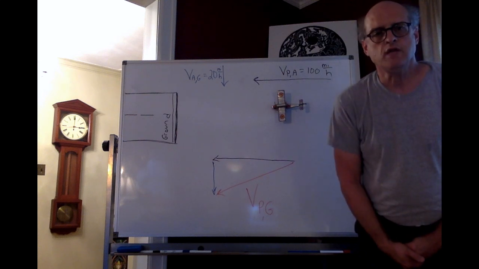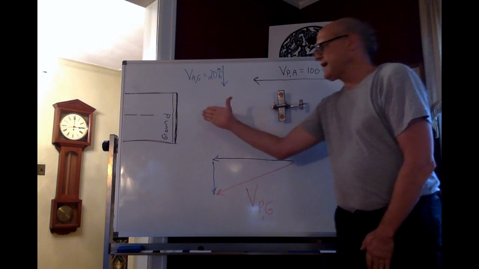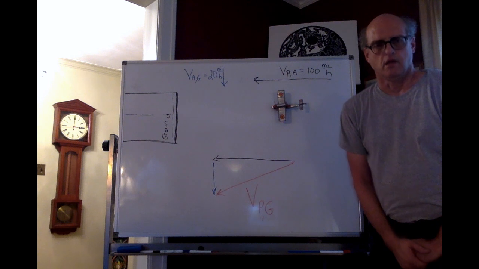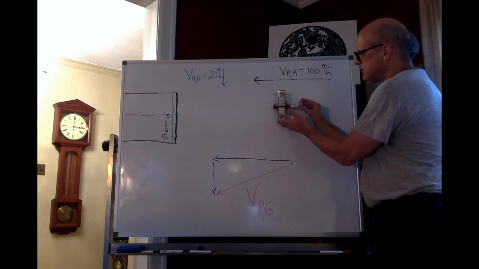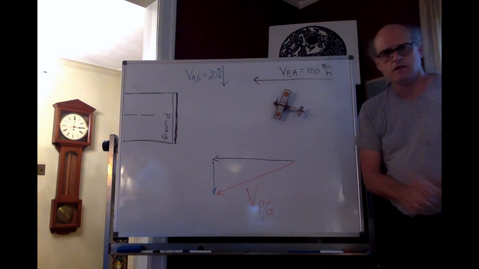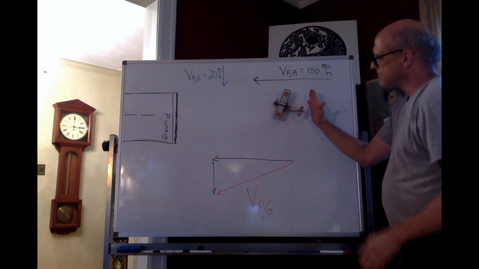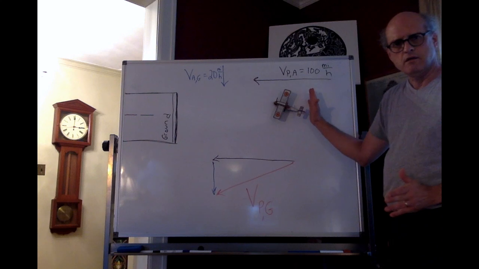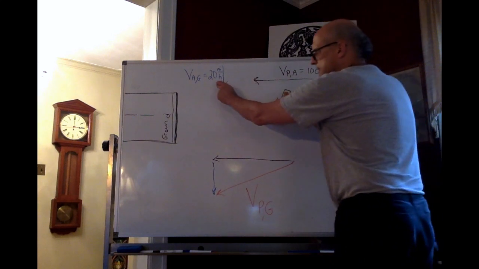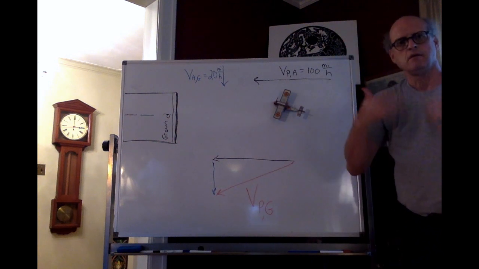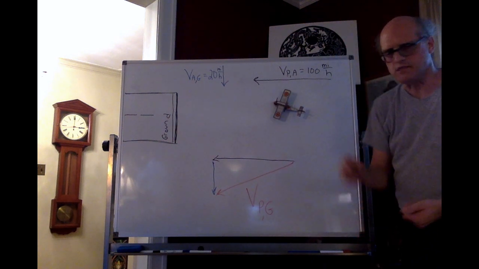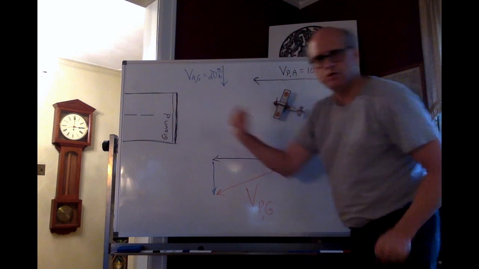Now, suppose the airplane wants to land at the runway. Wouldn't the airplane have to direct itself something like that, so that its velocity combined with this velocity gives it a resultant velocity in the direction of the runway?